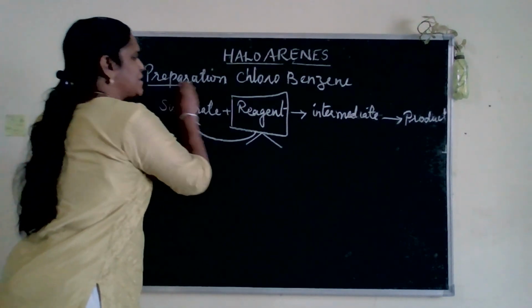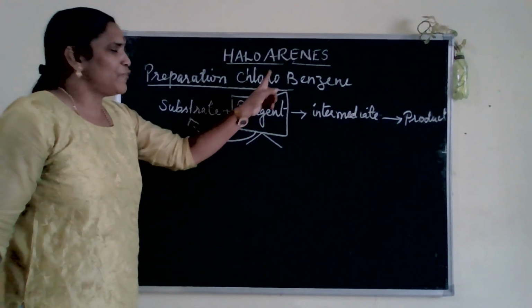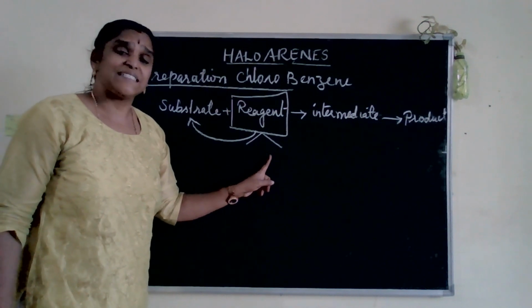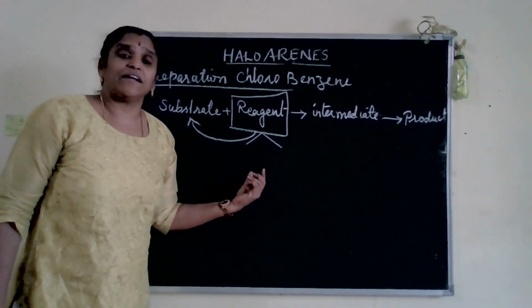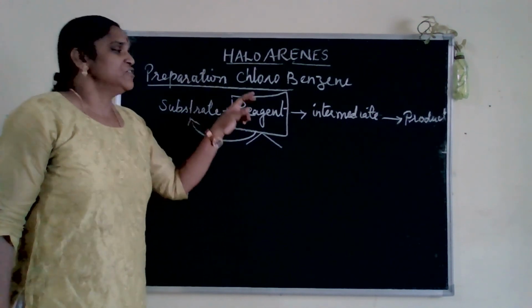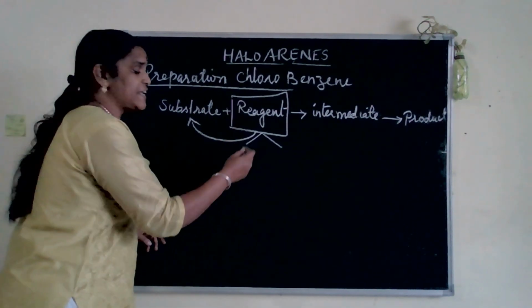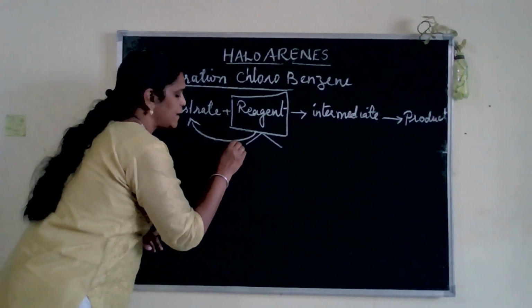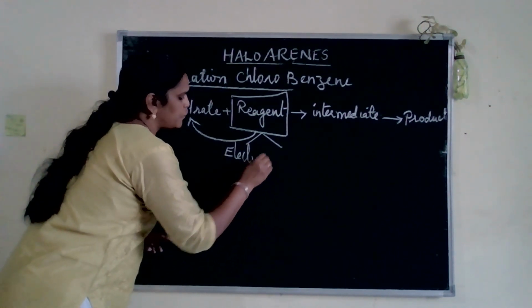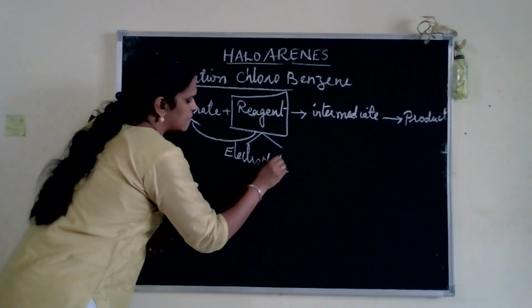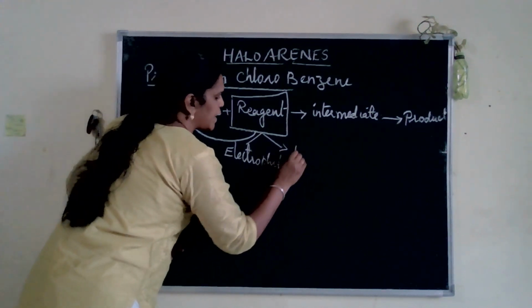I'll tell you the preparation method later. Before telling that, I would like to tell two important points here. What are the kinds of reaction? What are the types of reagent? Here, electrophile and nucleophile.